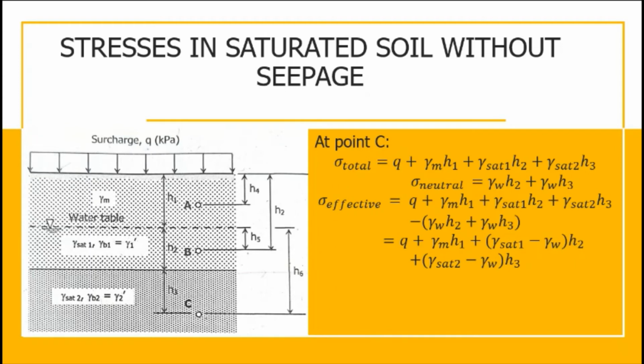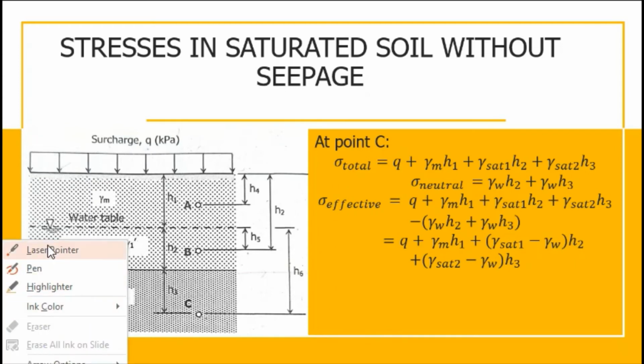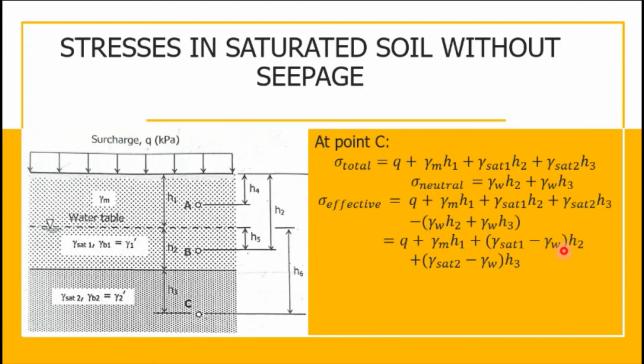Therefore, if we combine the saturated unit weight sub 1 minus the unit weight of water multiplied by H sub 2, and then saturated unit weight sub 2 minus unit weight of water multiplied by H sub 3, we will get the buoyant unit weight sub 1 and the buoyant unit weight sub 2. So the buoyant unit weight of this soil layer and the buoyant unit weight of this soil layer.